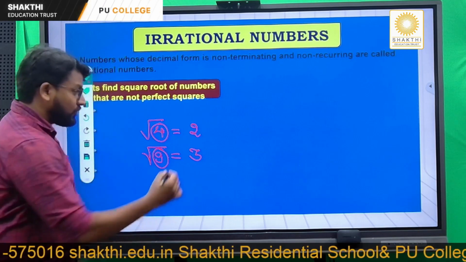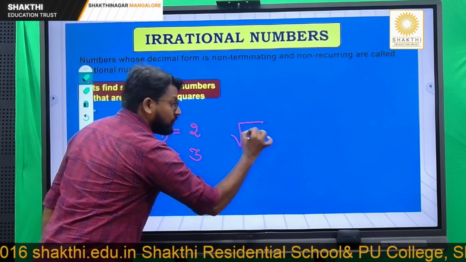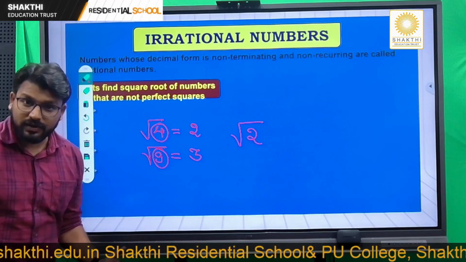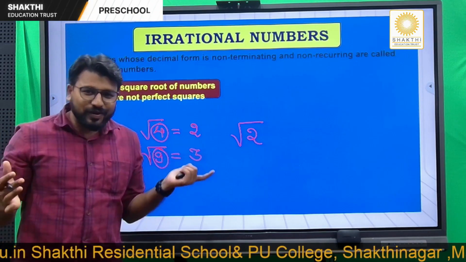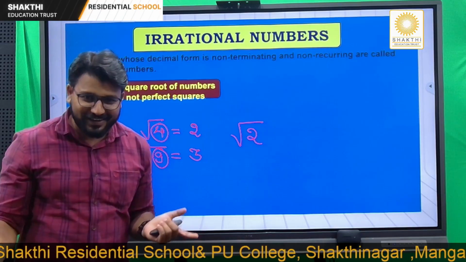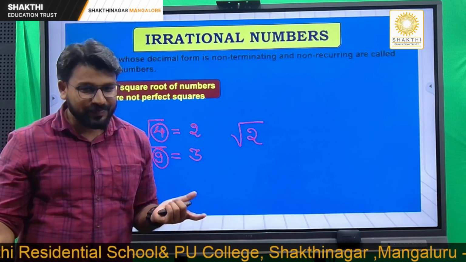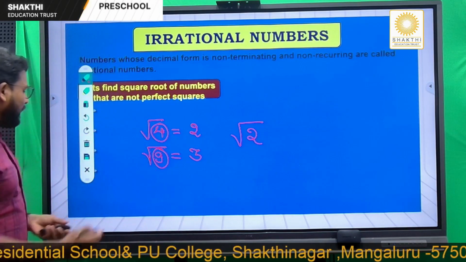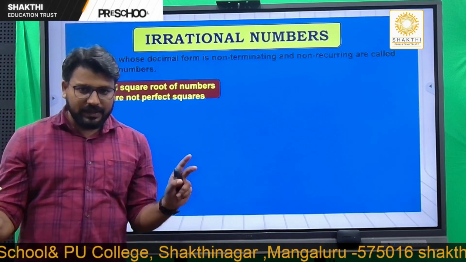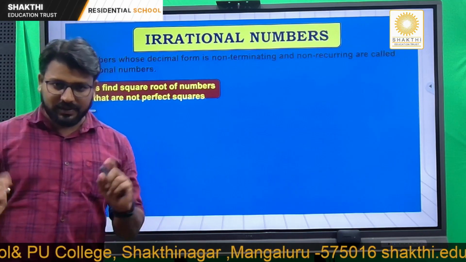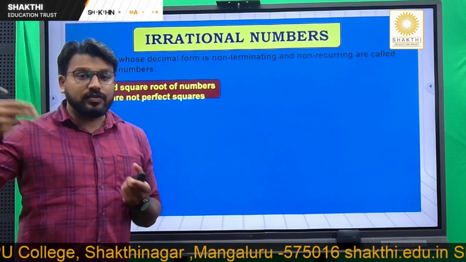But if I ask you what is the square root of 2, do you know the answer? No, not at all, because you know that 2 is not a perfect square, isn't it? Yes or no? Exactly. So then how to find the value of these? For the time being, I'll give the values of these numbers. Later we'll see how to get those values.